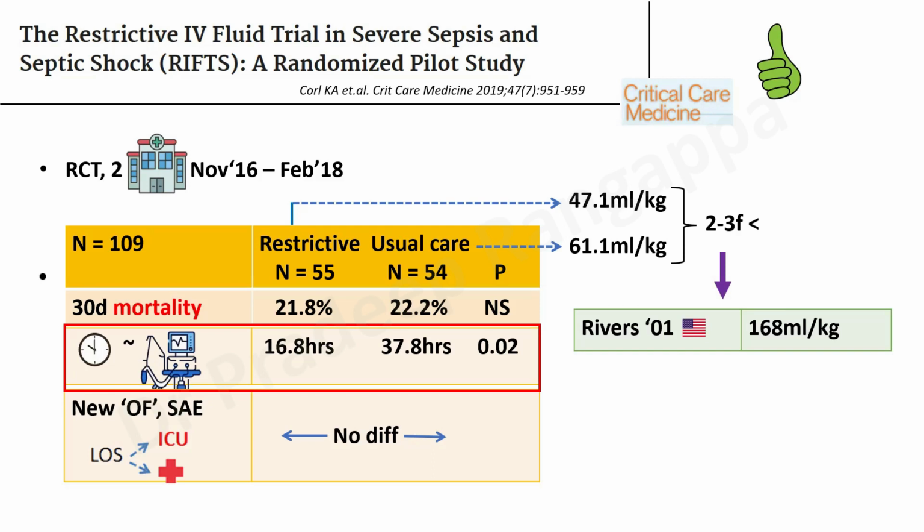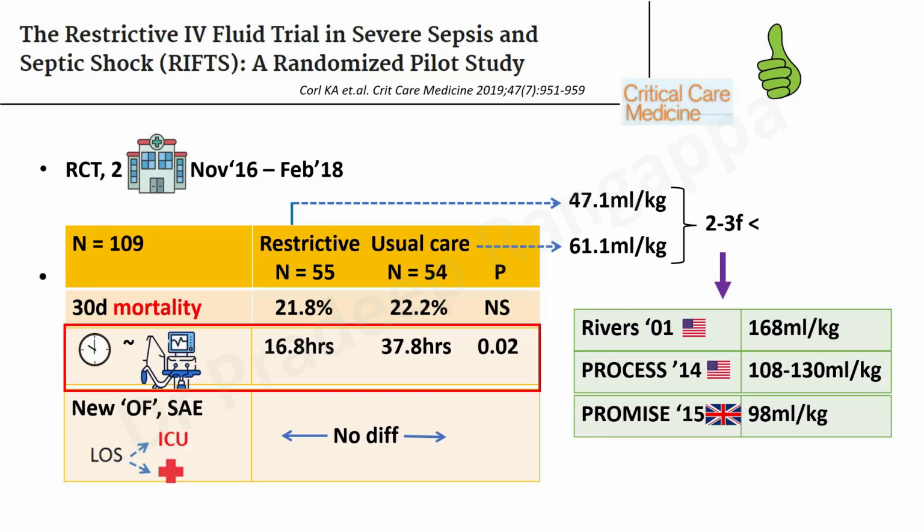But what you have to recognize is these newer studies, which came after 2018, were using very, very little fluid in the restrictive arm. When you compare the fluids used in restrictive, which is 47.1, with the previous studies, the PROCESS trial used 108 to 130 ml per kg in the restrictive, PROMISE used 98 ml per kg, ARISE used 108 to 109.